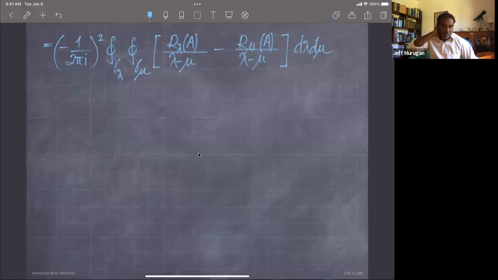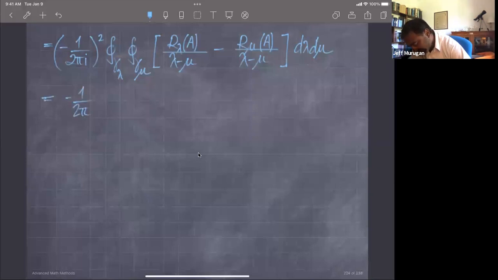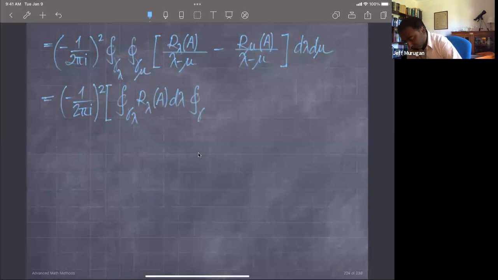So let's take this double integral and split it up into the iterated product of integrals. So this is equal to minus 1 over 2 pi i, squared, times the first integral over gamma lambda of R_lambda of A d lambda, integral over gamma mu of d mu over lambda minus mu.